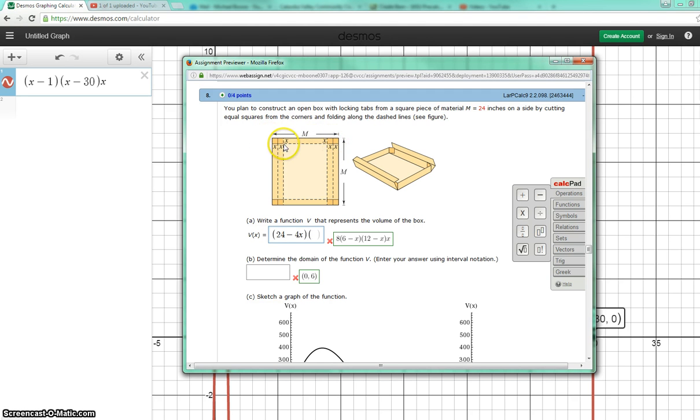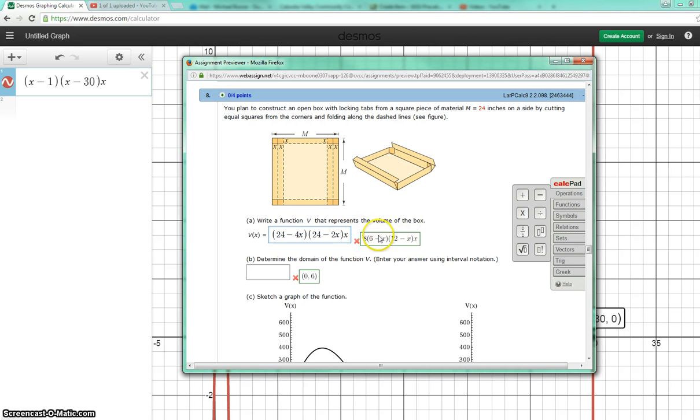So that piece from here to here would be 24 minus 4x, and then this piece, whatever you want to call it, width or length, would be 24 minus that x and that x, so I'd have 24 minus 2x. And then the height of this thing, since they're folding it in, the height is just an x.